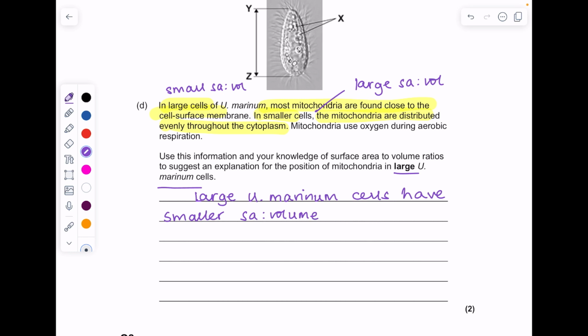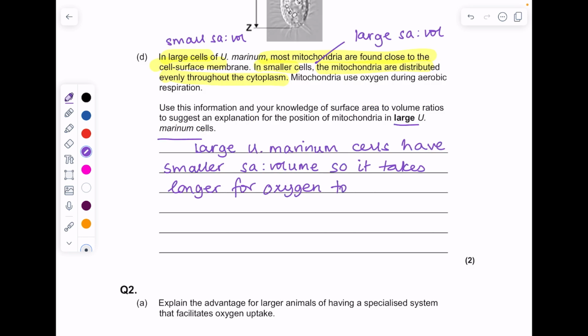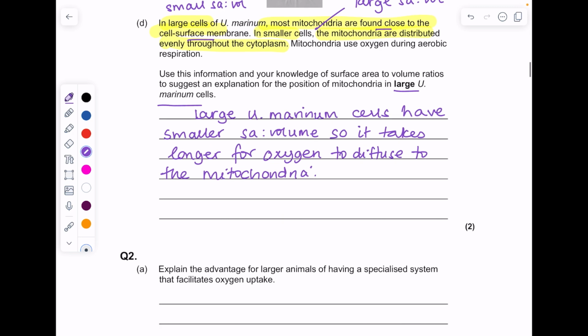The knock-on effect of that is that it takes longer for oxygen to diffuse to the mitochondria. So that's why we need to reduce that diffusion distance as much as possible so that the mitochondria are located close to the cell surface membrane. But I've said enough there for 2 marks.